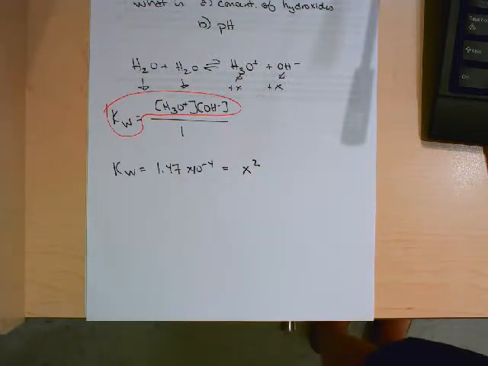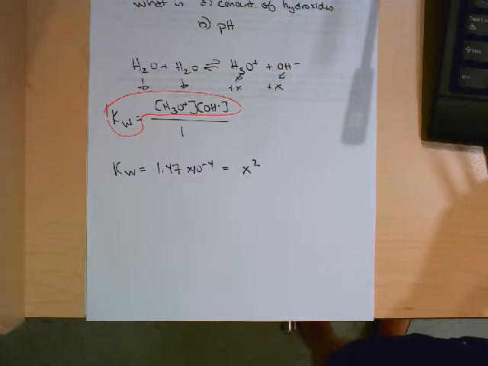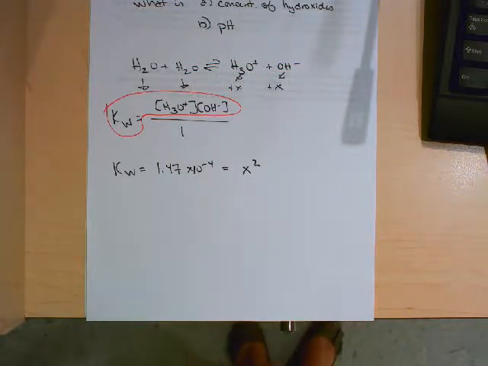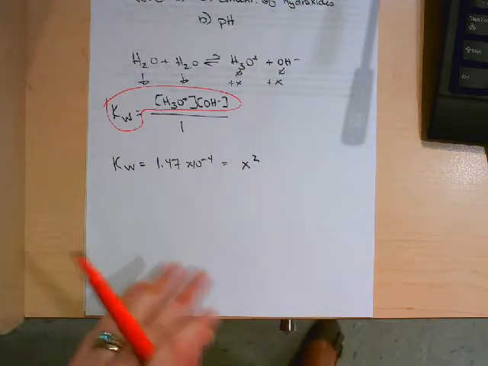So now how do I find X? Square root, okay, let's see what that is. I could have done an ICE chart and gotten to the same point, but if you note this relationship, it's much faster, obviously.